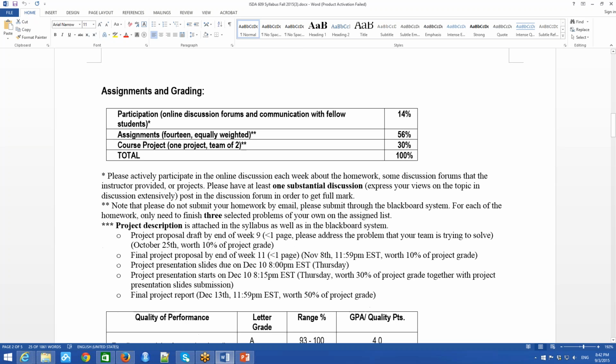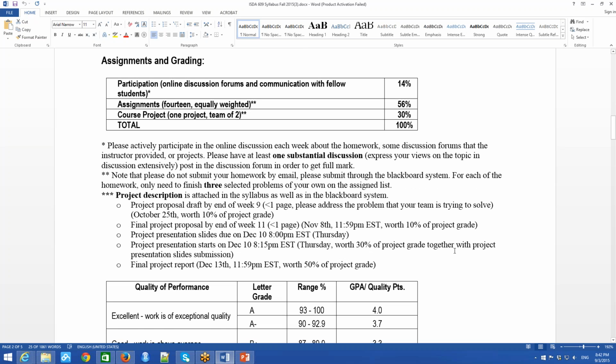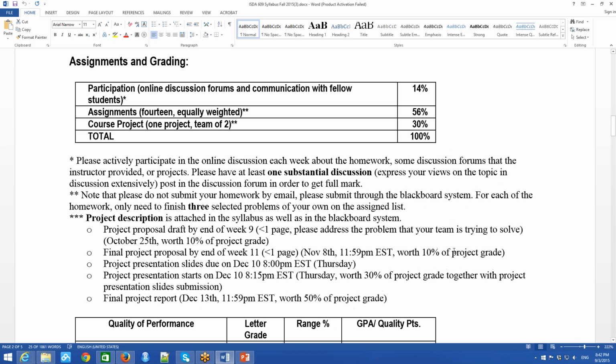And then on assignment and grading, first of all, we don't have a final exam for this particular course. We have three major things. One is participation, and I assign 14% to the online discussion forums and communication with fellow students.